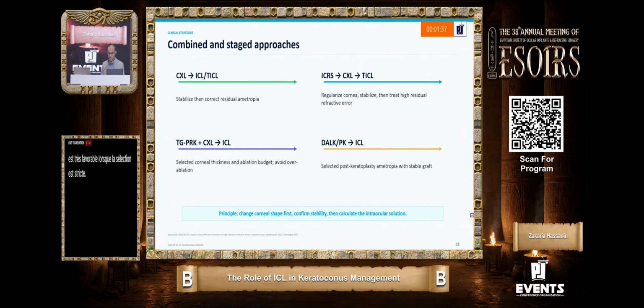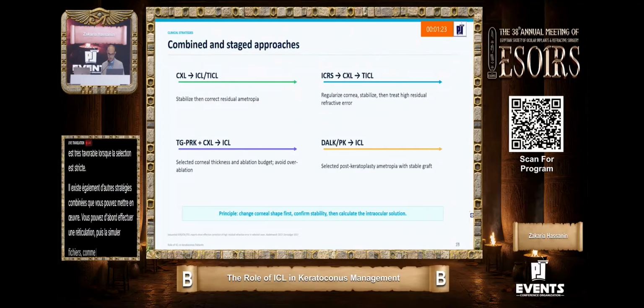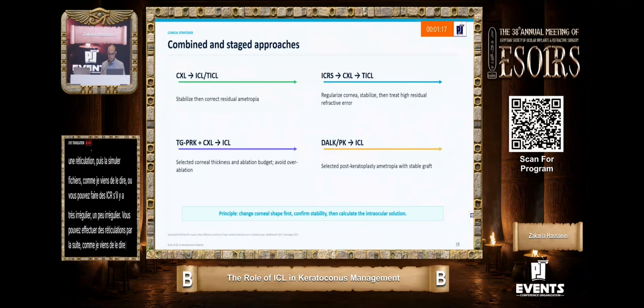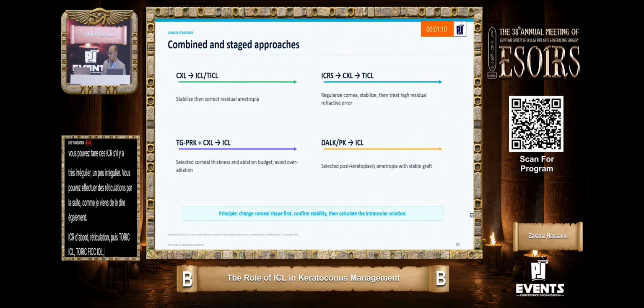There are also other combined strategies that you can do. You can do cross-linking first and then phakic IOLs, as I've just been saying. Or you can do ICRs if it is a bit irregular, and cross-linking afterwards. ICRs first, cross-linking, and then toric phakic IOL. Topo-guided PRK with cross-linking, whether sequential or in the same setting, and then phakic IOL after the stability window.